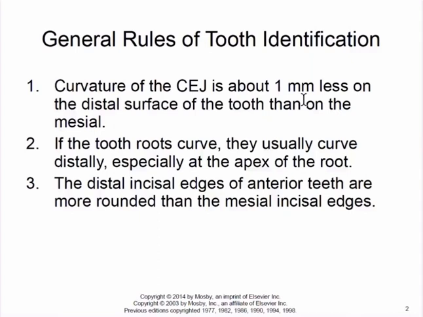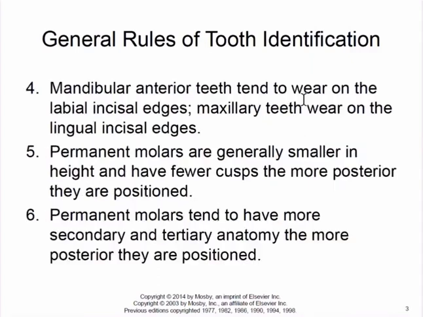If you have natural teeth, you will see what we call attrition or wear of the tooth, which is different maxillary than mandibular, and we'll talk about this in the physiology following this. Never mind about point number 4.